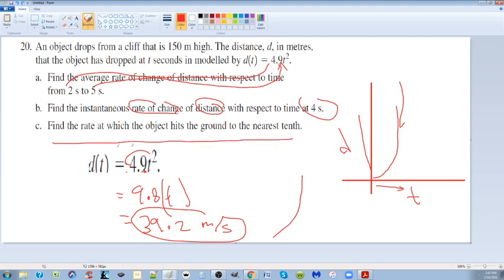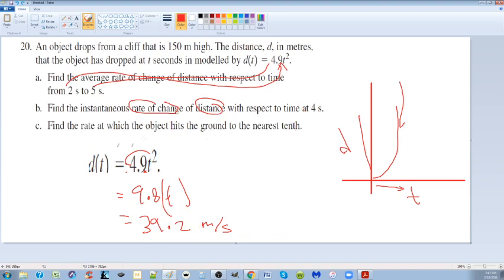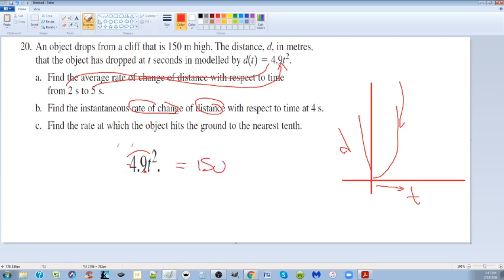Find the time at which the object hits the ground, to the nearest tenth. Okay. That is when this whole equation up here is equal to 150 meters, because this is the distance, and the distance it was dropped is 150. So when this matches 150, that is when it hits.